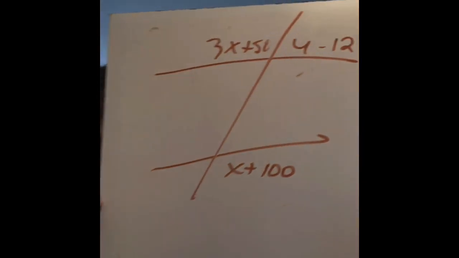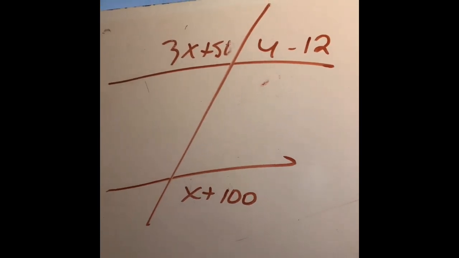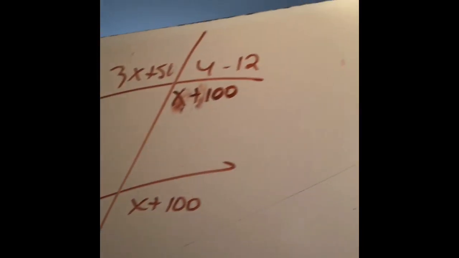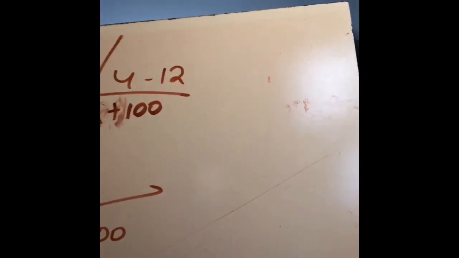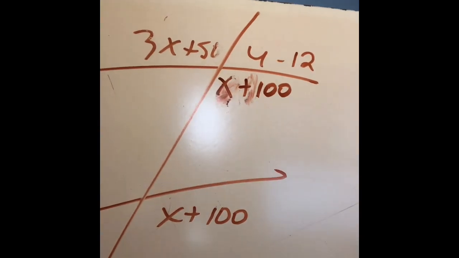So I'm going to let you look at it again. There's the F pattern. The X plus 100 is able to go above as well. So I'm going to use the F pattern to mark it. So now I have my F pattern showing X plus 100 in two different spots.